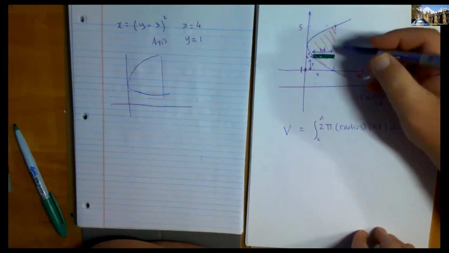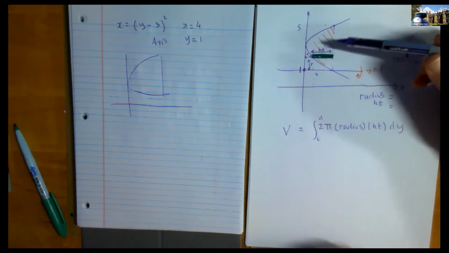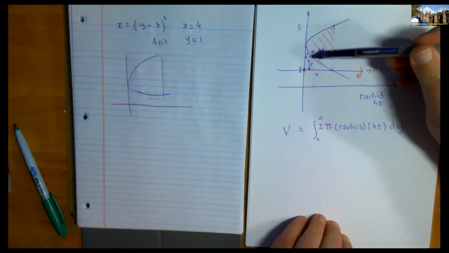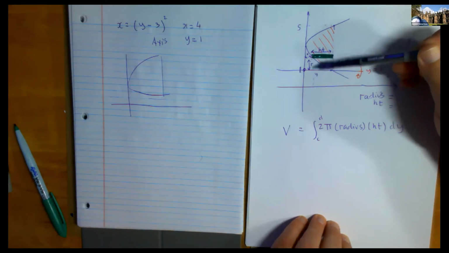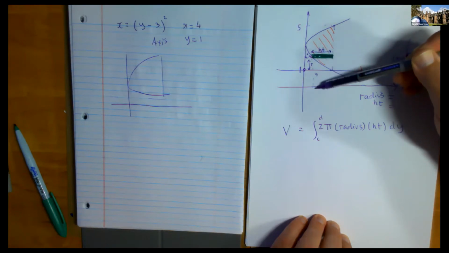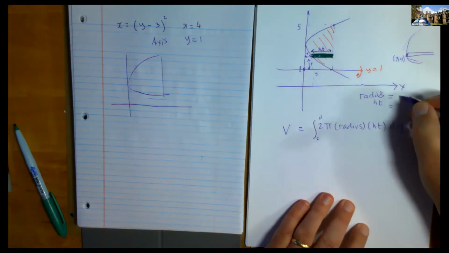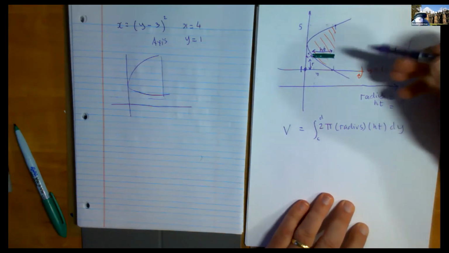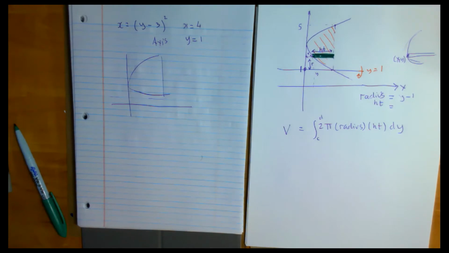This picture's getting really messy. But from there to there is y, from there to there is 1, and the radius is the little piece that's left. So y take away 1. Are you happy about that distance we're calling the radius? It's called y minus 1.